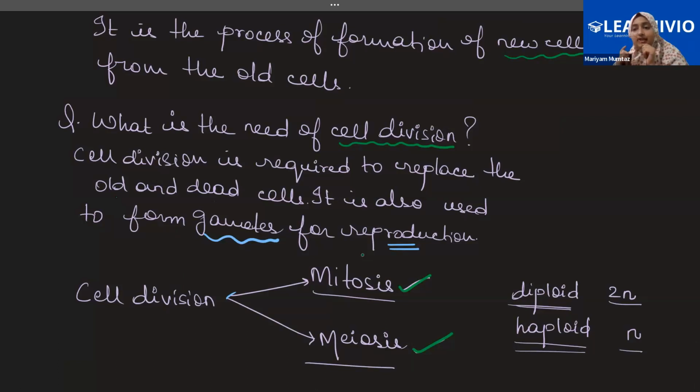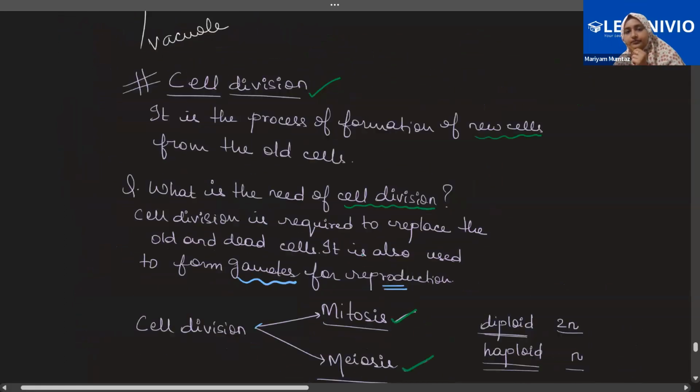Cell division takes place in all cells, whether plant cell, animal cell, fungi, everywhere. Mitosis and meiosis take place at different times, but both types of cell division take place in plants, animals, fungi and bacteria. Clear? Yes, ma'am.